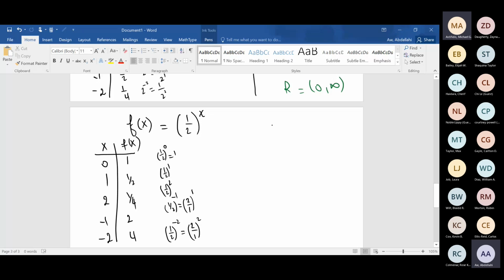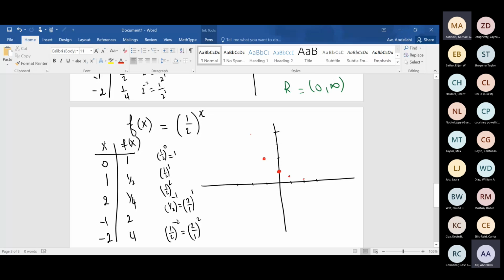So when I represent these points, I have f of 0 is 1 as usual. F of 1 is 1/2. F of 2 is 1/4. F of negative 1 is 2.